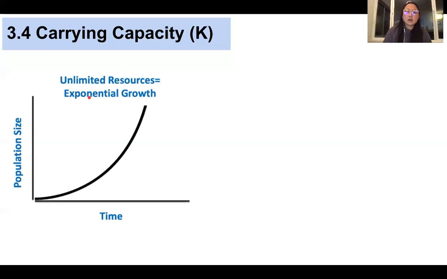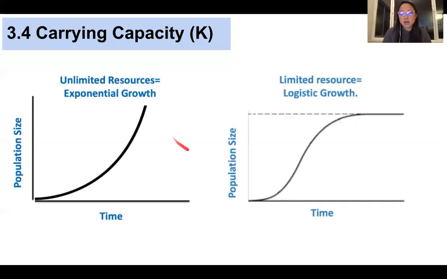So realistically, what happens in most ecosystems is that there's logistic growth. Remember logarithm? Same graph, but instead of just continuing to grow exponentially, at some point it gets capped. Where this graph becomes logarithmic is right here, and it's because of this line here.